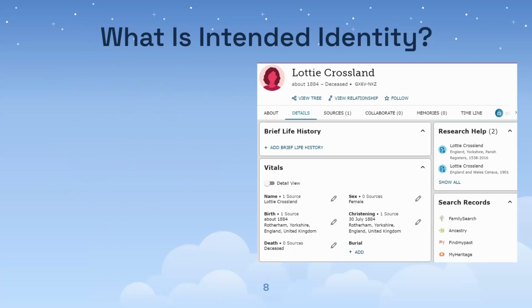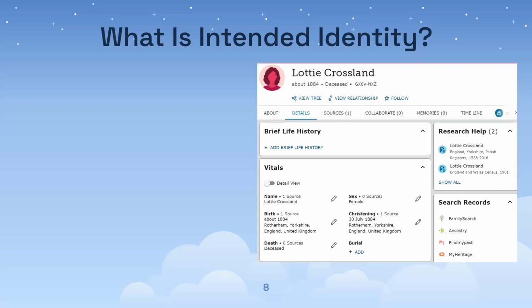We also talked last week about a very important principle when you're trying to solve problems. Let me state it this way. When you create a private tree, like suppose you have your private tree on Ancestry or you keep it in Family Tree Maker or something like that, when you create a profile for a person, you know which human being that is supposed to represent.